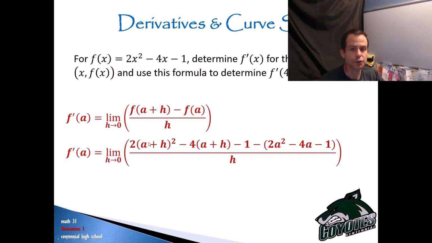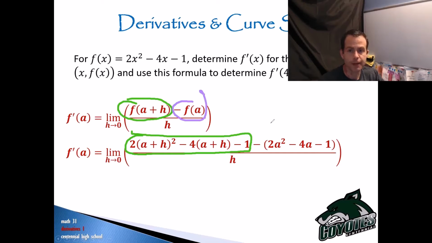So I've got 2x squared minus 4x minus 1. So all of this right to there was this. And then I'm going to minus f of a, so I minused f of a.